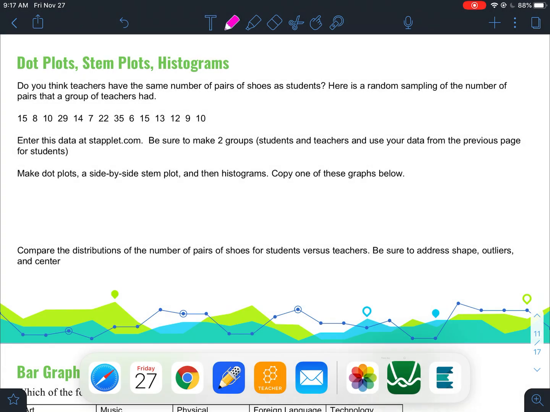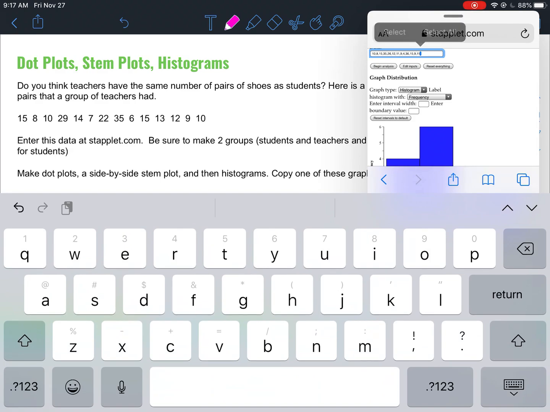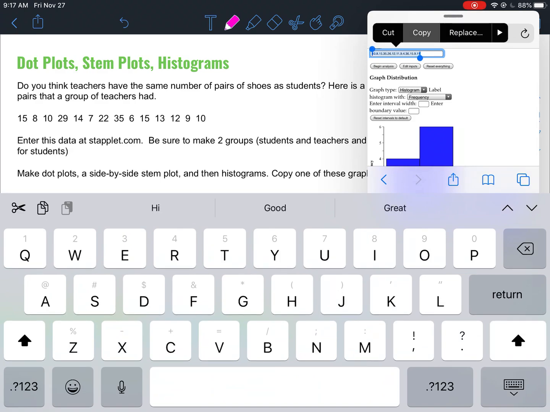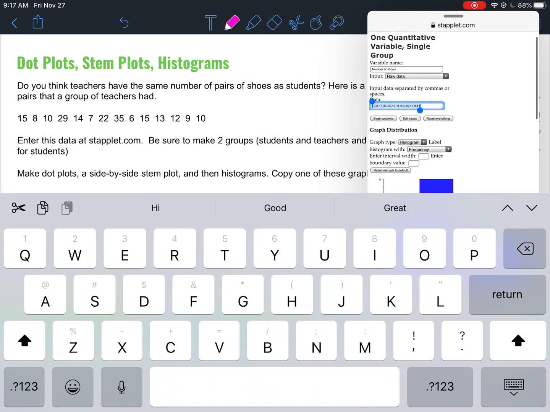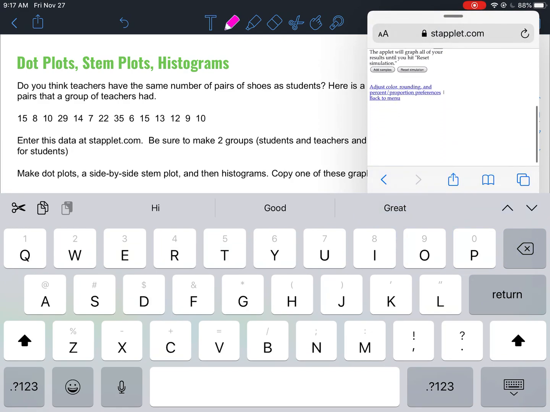Oops, not that. We want this. So I'm going to take this data set, select all, copy, and then we are going to go back to the beginning.